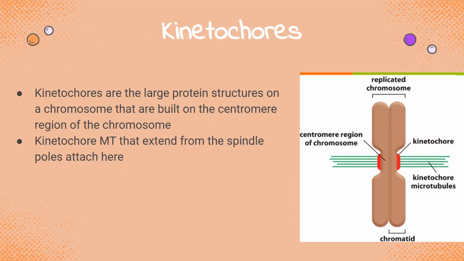And we'll talk more about this, but when we have kinetochore microtubules bound to the kinetochores on the sister chromatids, that creates tension, like a pulling force from the spindle poles. And we're not positive about this, but some research has indicated that once we have attachments on all of our kinetochores, that pulling caused by the kinetochore microtubules attached to the kinetochores is what signals to the cell that we have all proper attachments and that we're ready for anaphase.